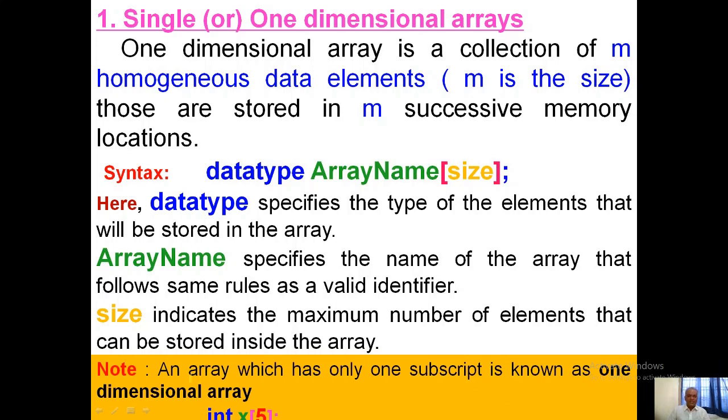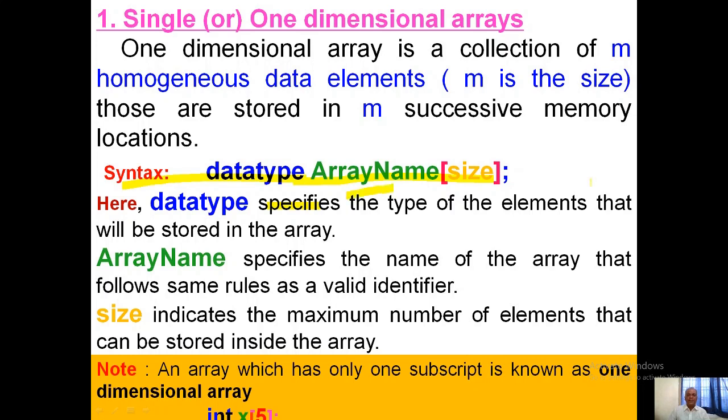An array must be defined with array name and size. While declaring an array, first you need to specify the data type, which is the type of elements you are going to store in the array.